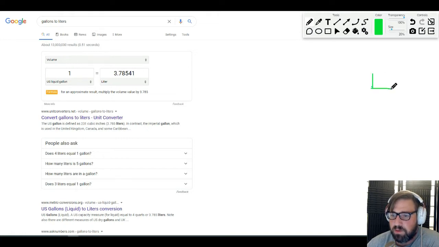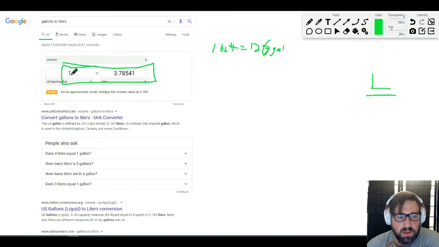We're trying to get to liters, and we know one butt equals 126 gallons. And we know from here that 1 gallon is 3.78, let's say, liters.